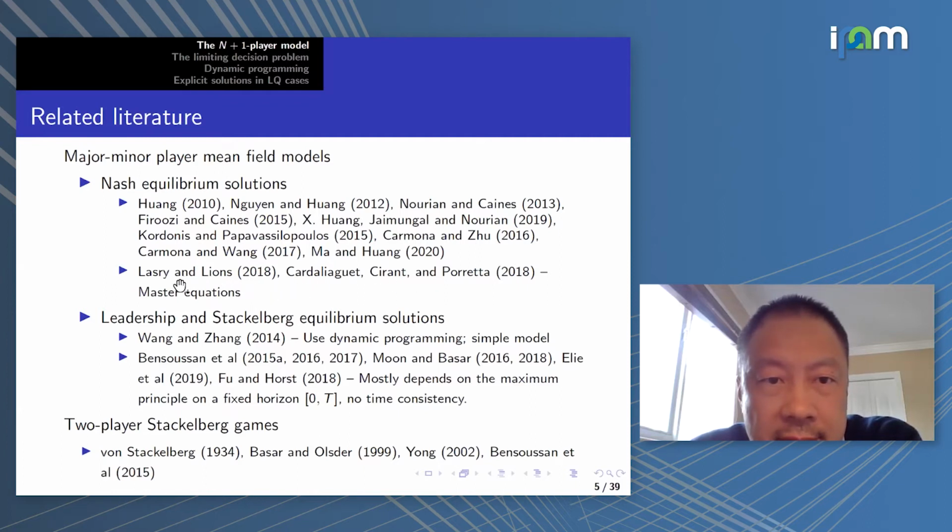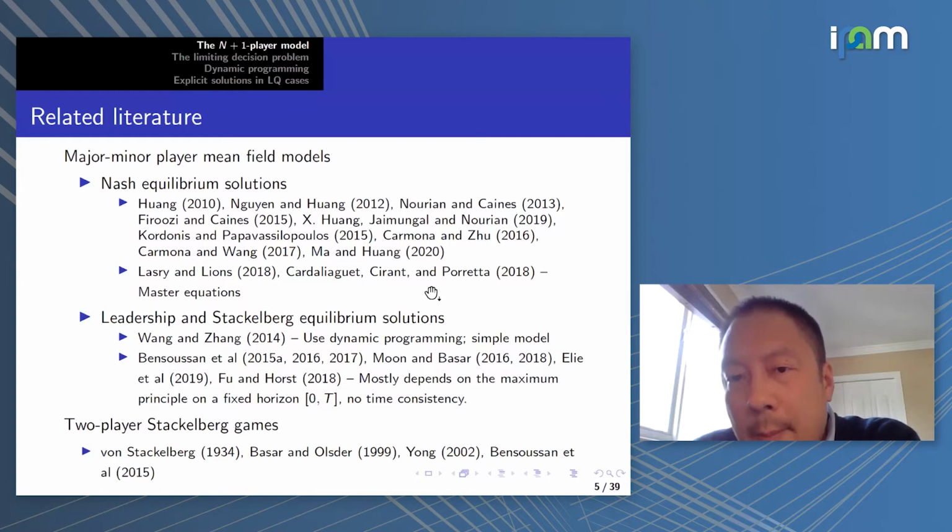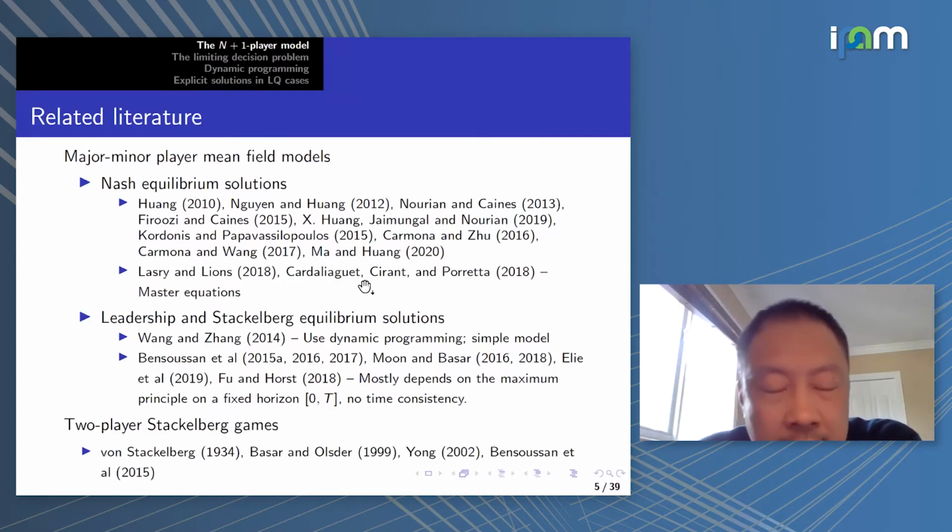And in the recent work of two groups, they actually introduced master equations. So it's a kind of dynamic programming for the model with a major player and a large population of minor players. Okay, in the end, you get a pair of dynamic programming equations, instead of just one equation, like the master equation in a standard mean field game. Okay, you have only one master equation, but here you will get a pair.